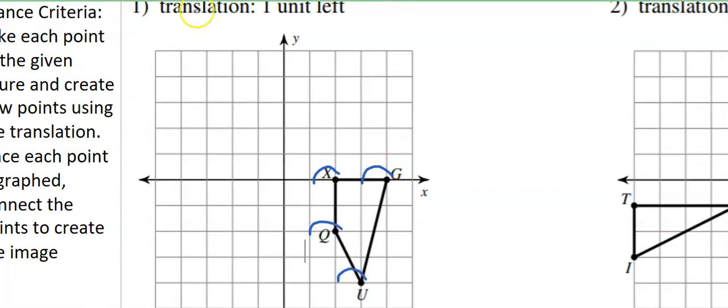So if I draw my new points in red, now all I need to do is connect them. So this would be my new image in green.